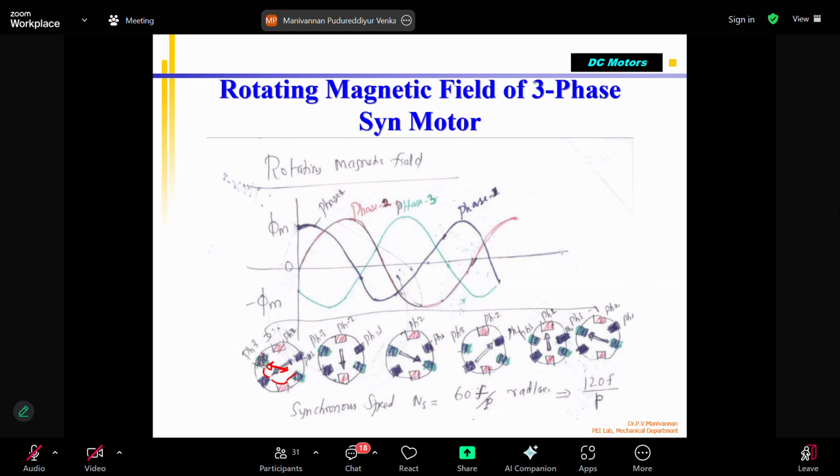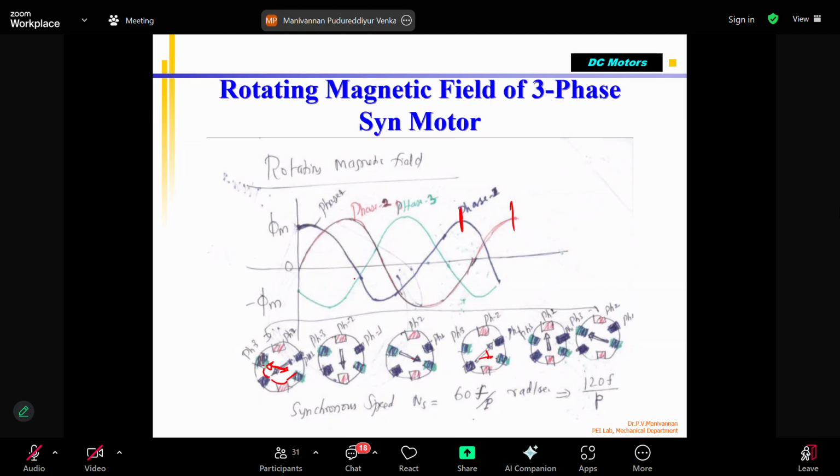Again the blue phase is peaking, and from blue the rotor moves this many degrees. Next, again the red phase. So you can see it continues, because the AC voltage is sinusoidal in nature, all three are of equal strength but separated by 120 degrees.